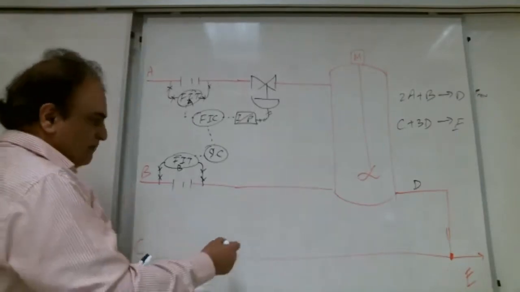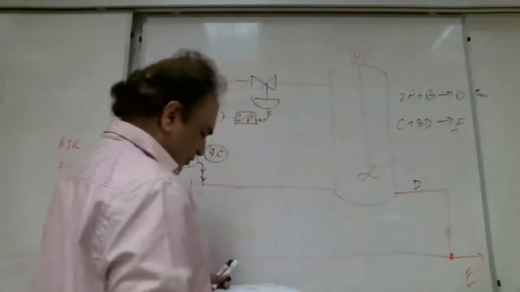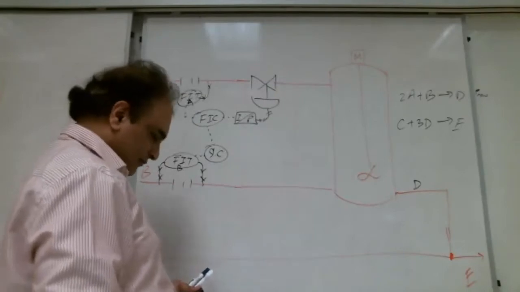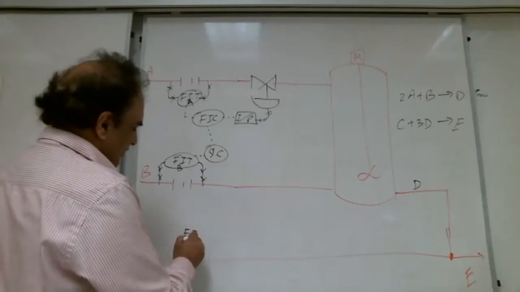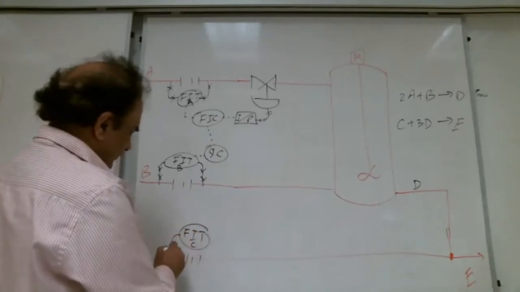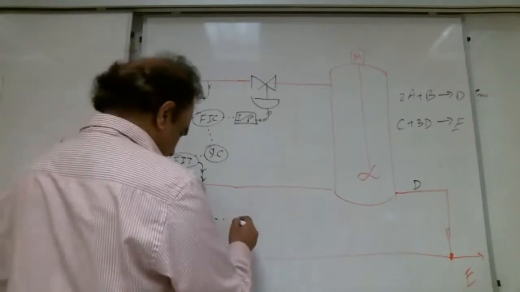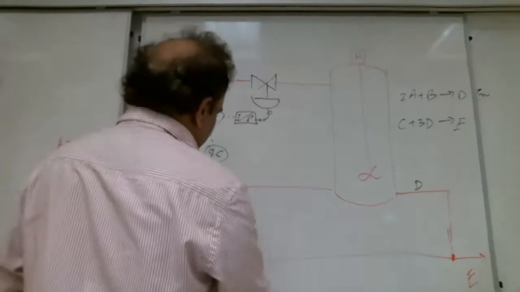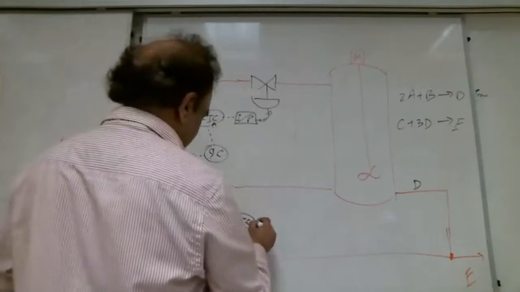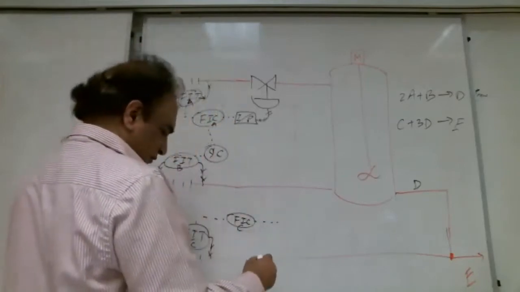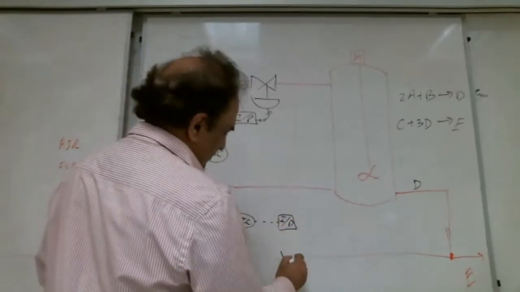Now this one becomes D, and C and D have this relation. Again, it means ratio control. So here we put again flow indicator transmitter C, that is sending signal to the flow indicator controller C. This flow indicator controller A. I2P converter is there. We put the valve here.